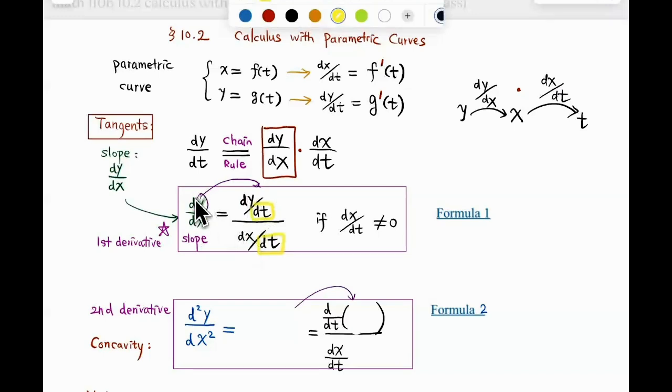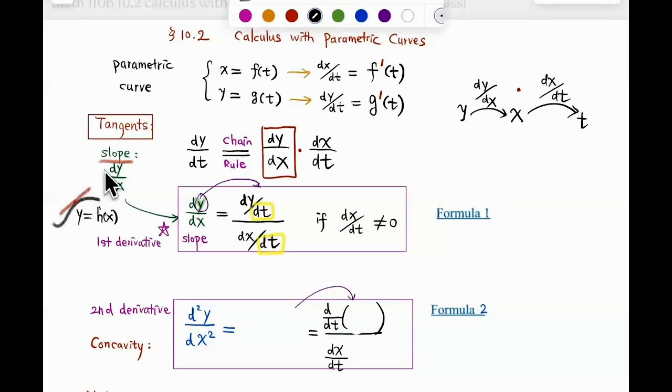And dy/dx is kind of useful. Now, if you have a curve, if y is a function of x, so if you have something like this, then dy/dx corresponds to the slope of the tangent. So the slope of the tangent is dy/dx when y is a function of x.